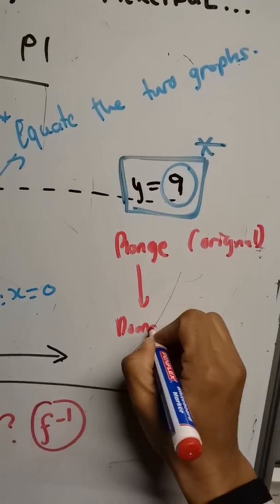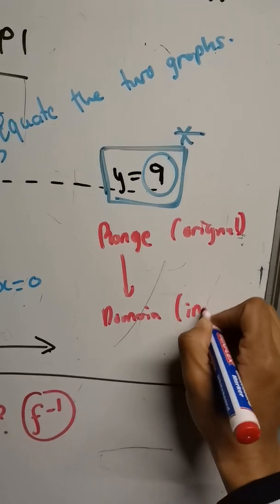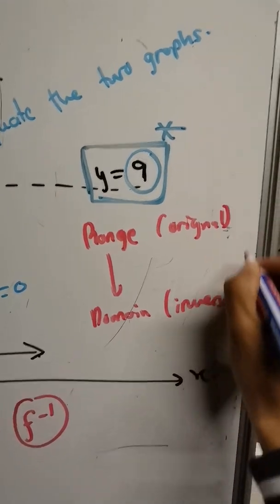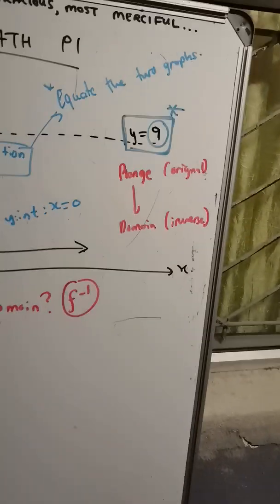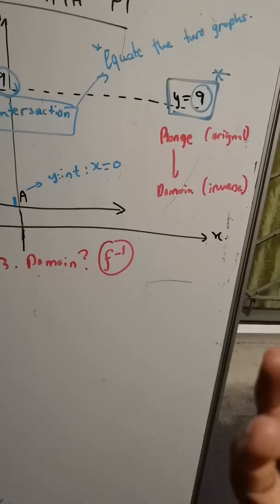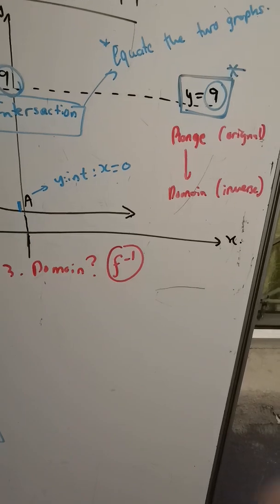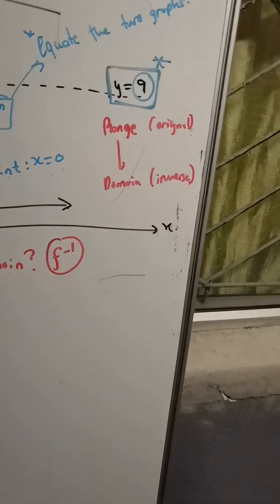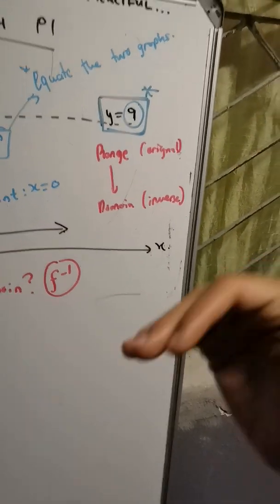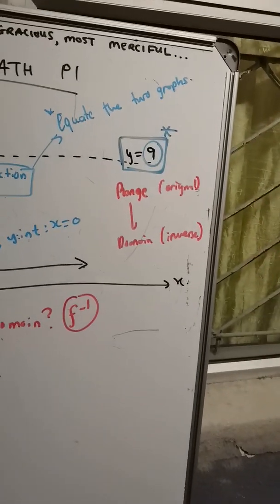You can go back to my videos on how I explain the exponential inverses' properties, but that's the general understanding: the range of the original graph becomes the domain of the inverse, and the domain of the original graph becomes the range of the inverse.